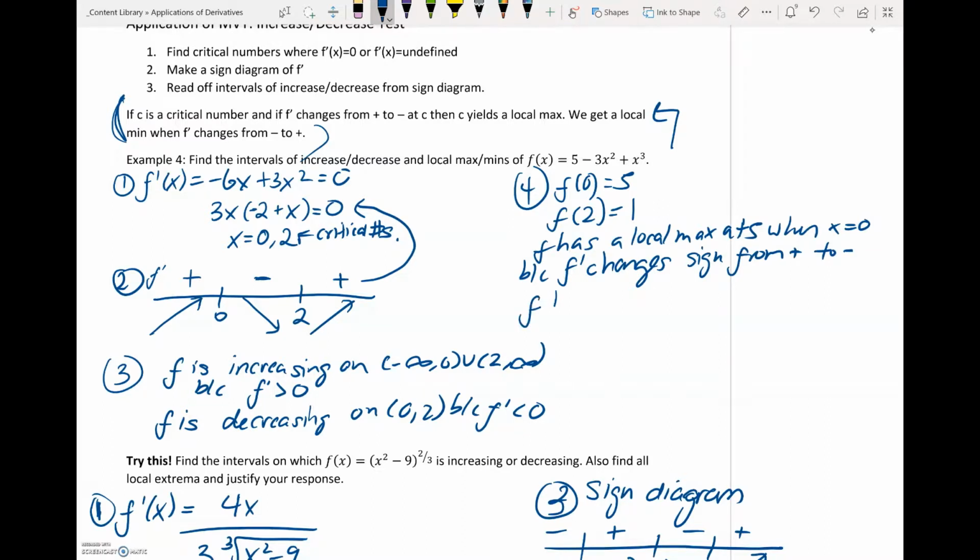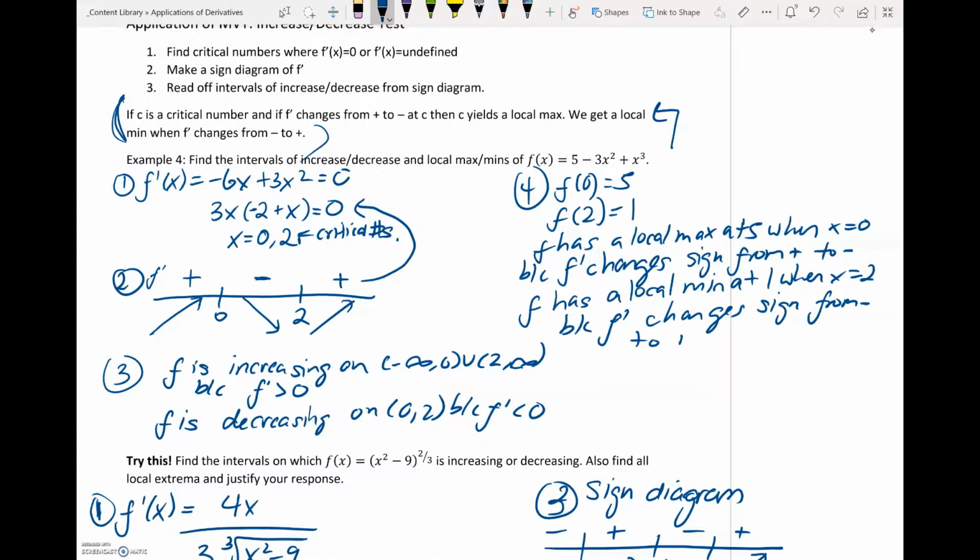Then we also had to state it for our local min. So our local min is at 1 when x is equal to 2, and that's because f prime changes sign from negative to positive here.